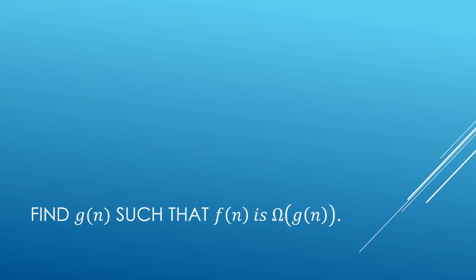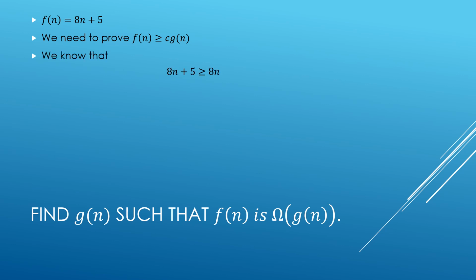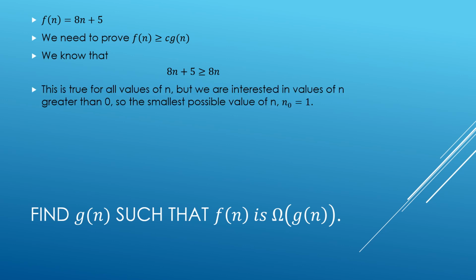Find g(n) such that f(n) is omega g(n). f(n) is 8n plus 5. We need to prove f(n) is greater than or equal to c g(n). We need a c and n0 and a function g(n) that satisfy this relation. We know that 8n plus 5 is greater than or equal to 8n. This is true for all values of n, but we are interested in values of n greater than 0.